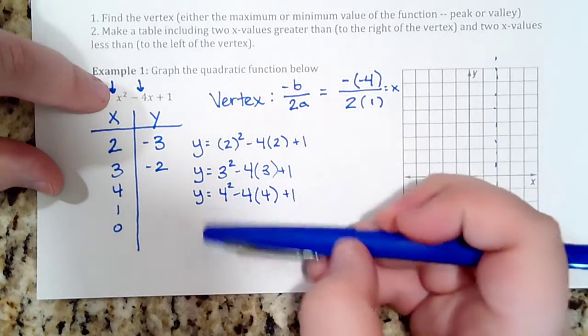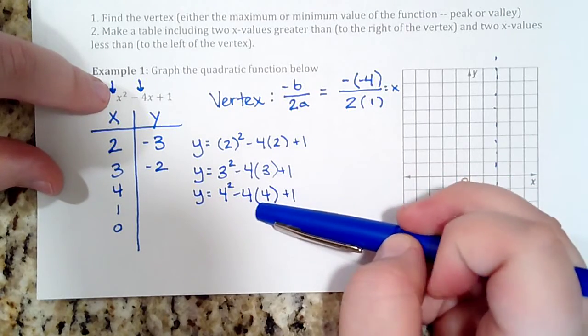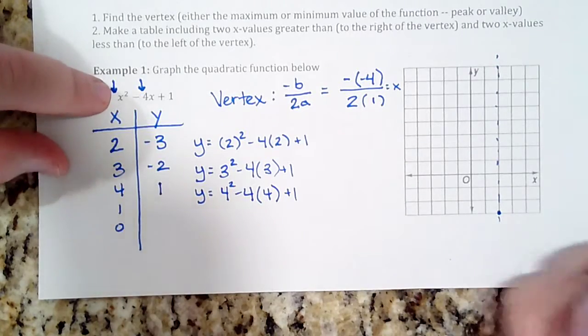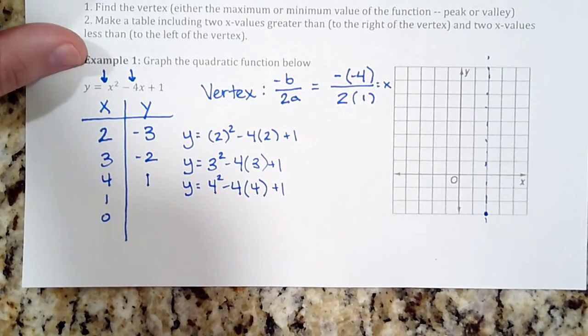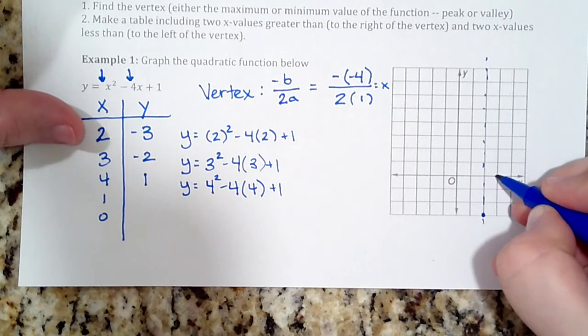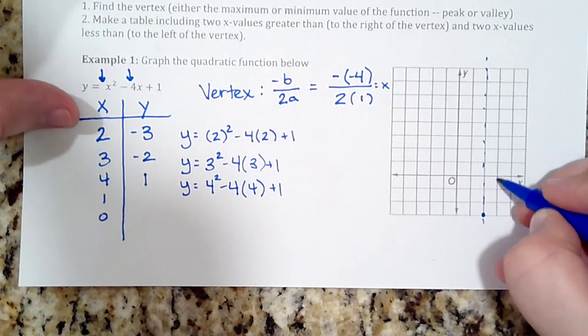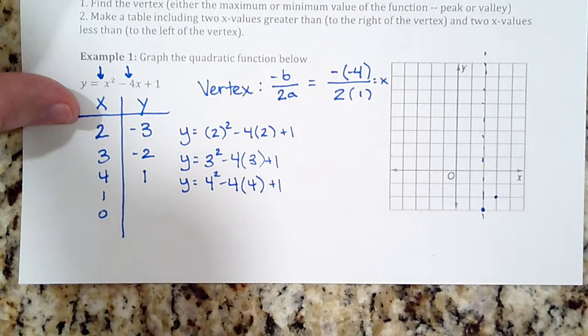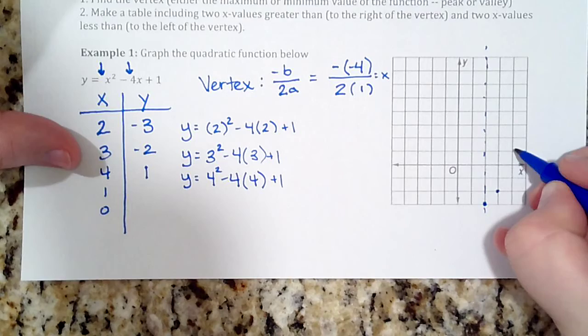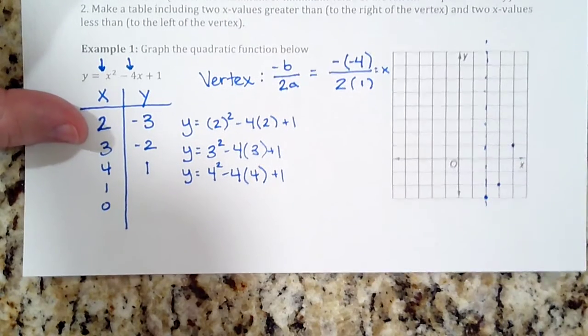When I do this, I get 16 minus 16 plus 1. So that's going to be a positive 1. So at positive 3, my y value is negative 2. At positive 4, my y value is positive 1.